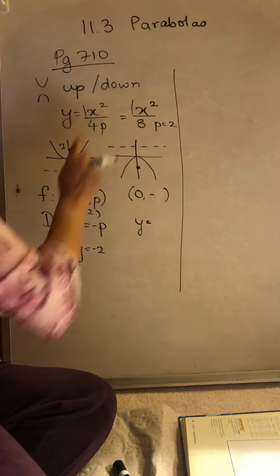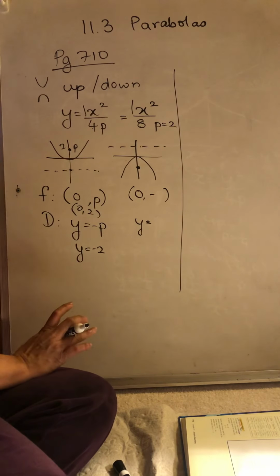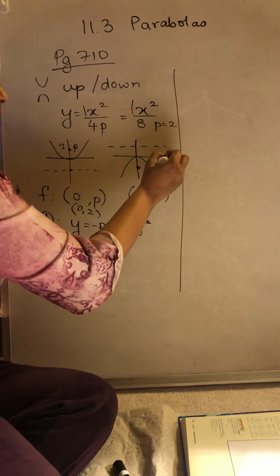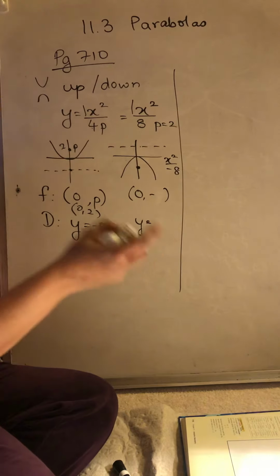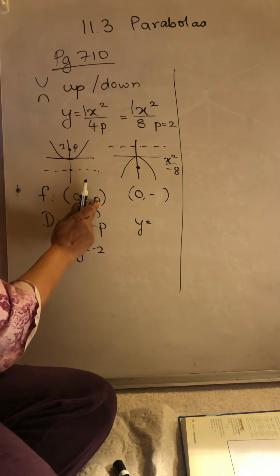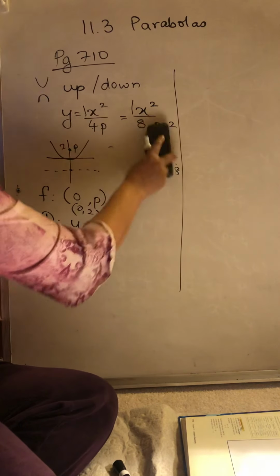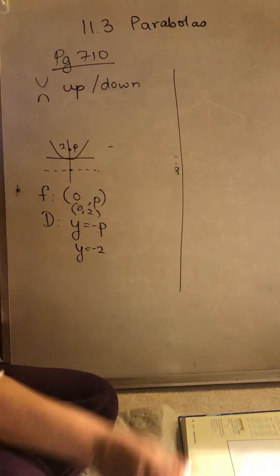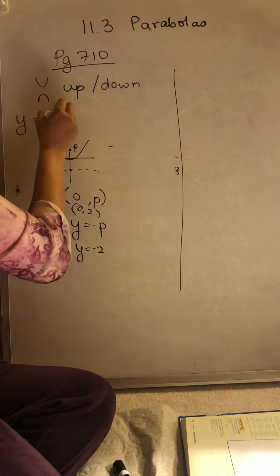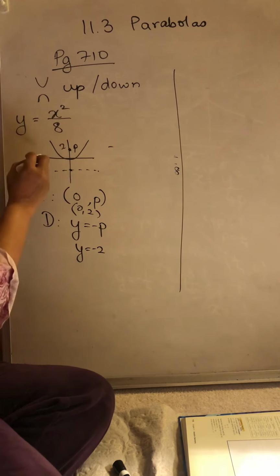In this case, your p will be negative, so your equation will be x square over negative 8, so your p is negative 2. Your focus is always 0, p. Let me make it a little clearer here.